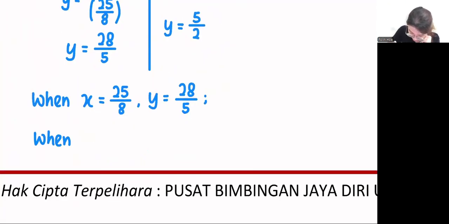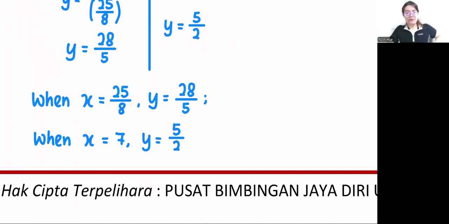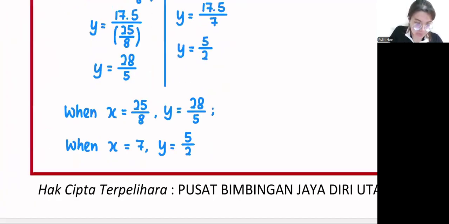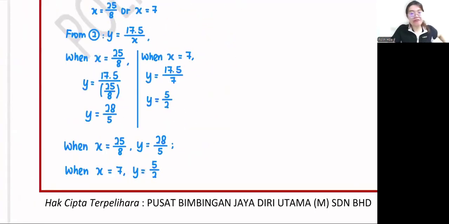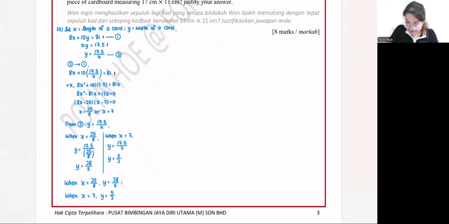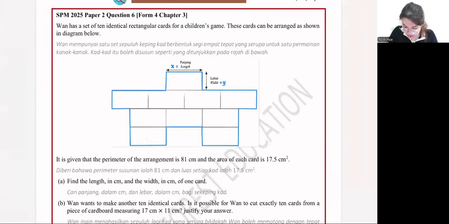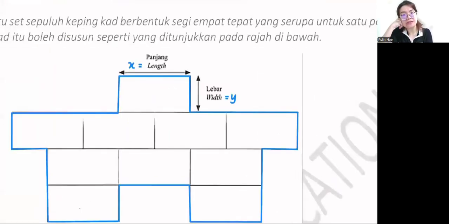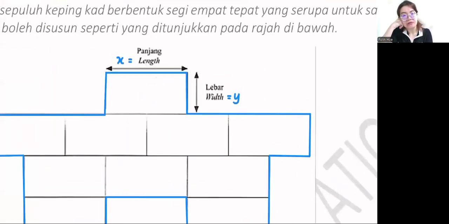When x equals 7, y equals 5 over 2. You write like this, you will get the 4th mark. But for this part, you should get 5 marks. Why? You check on the diagram again. The answer is in the diagram.